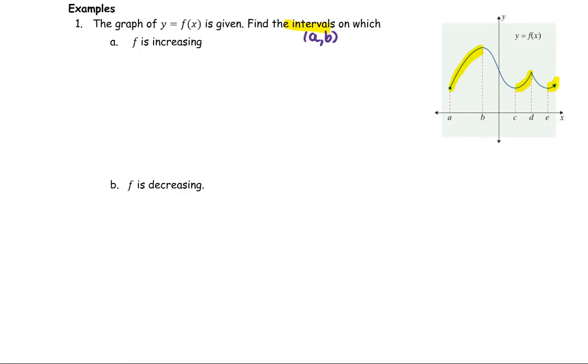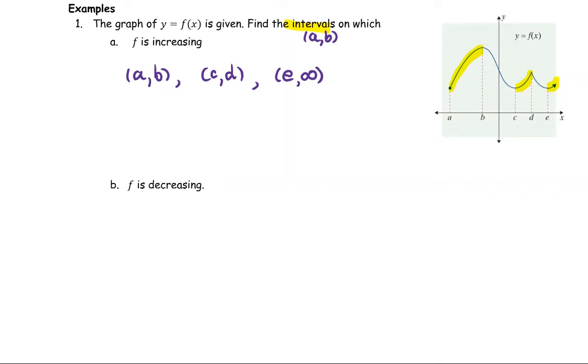Just write it down. So part A is going to be from A to B, and next is C to D, and the last interval is going to start from E all the way to infinity, because on the right end it looks like it keeps going, but on the left it just starts at A.